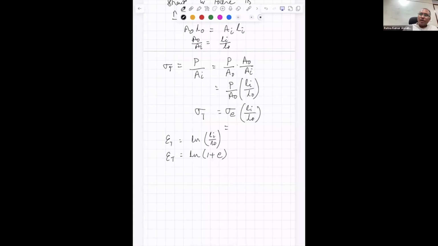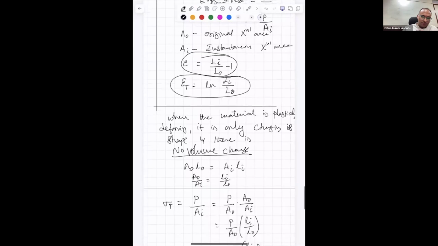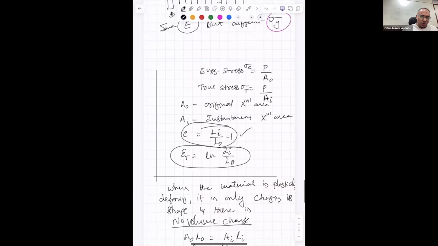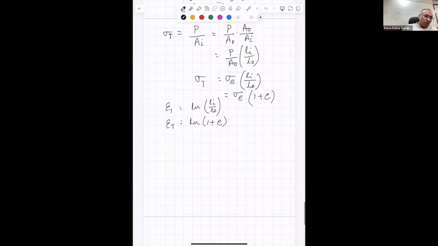So this Li by L0, can I write as 1 plus e, where e is the engineering strain. So now you have these two relations. That means your true stress is equal to sigma E times 1 plus e, and true strain is natural log of 1 plus e. That is the relation between engineering and true components.